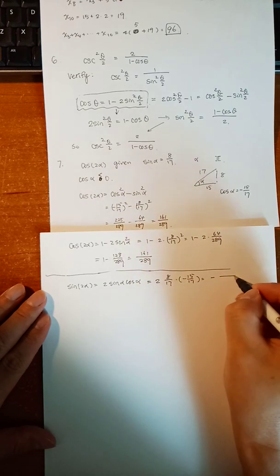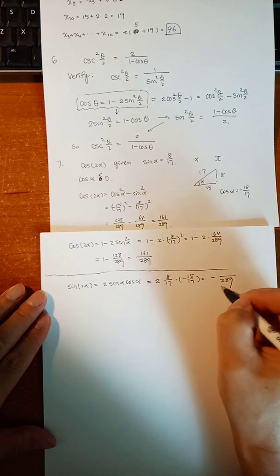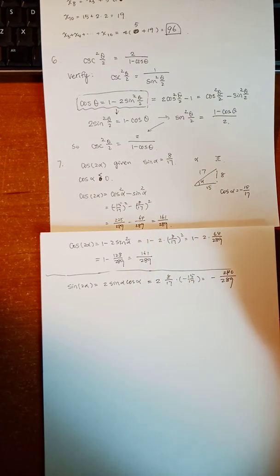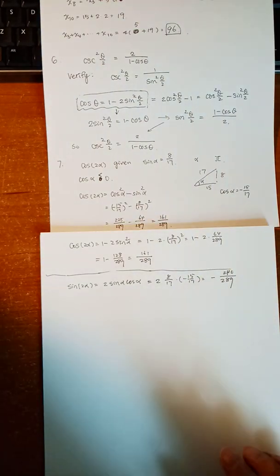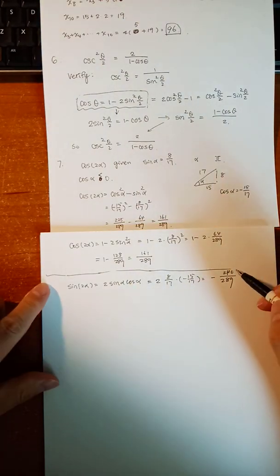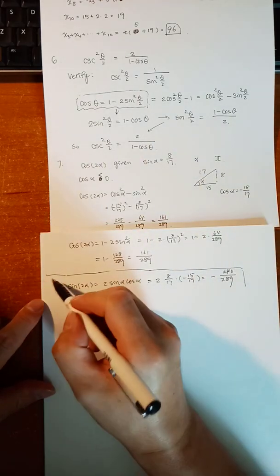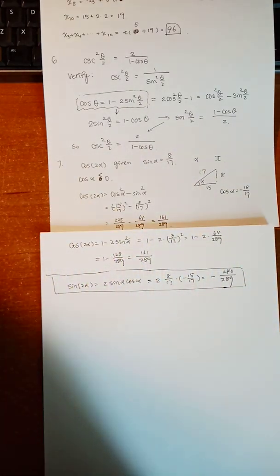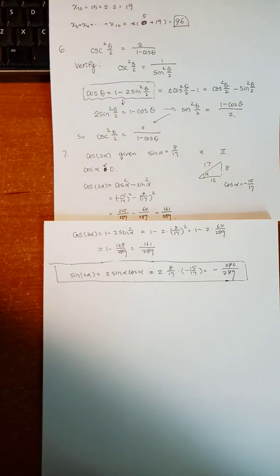It's going to be negative 240 over 289. So this is going to be the answer. But cosine 2 alpha has a special formula, so you only need the sine alpha. That's enough.